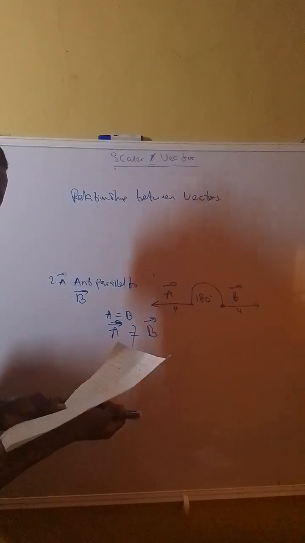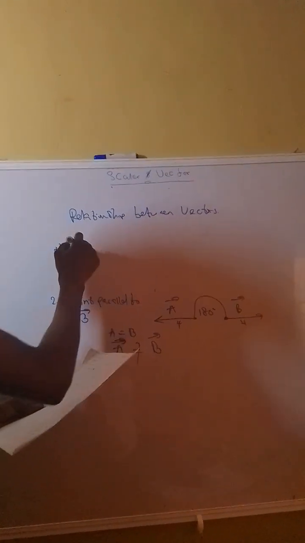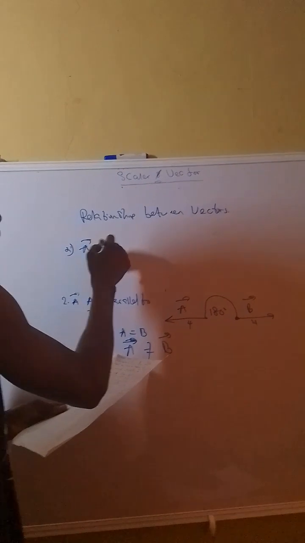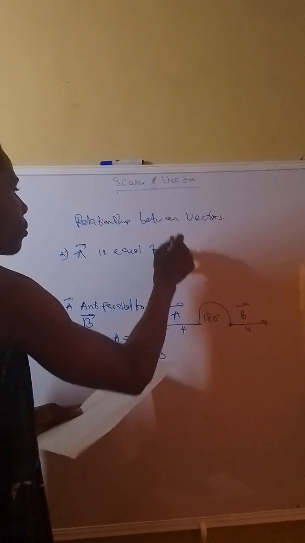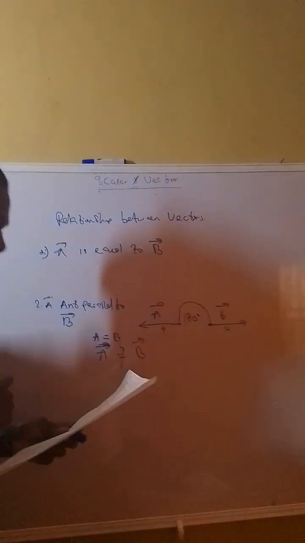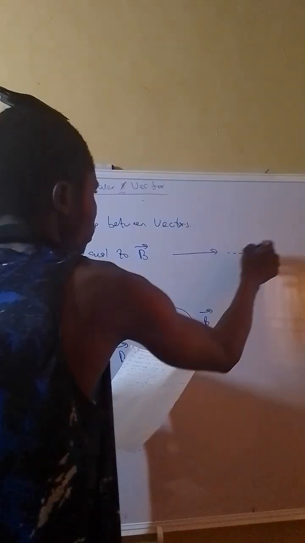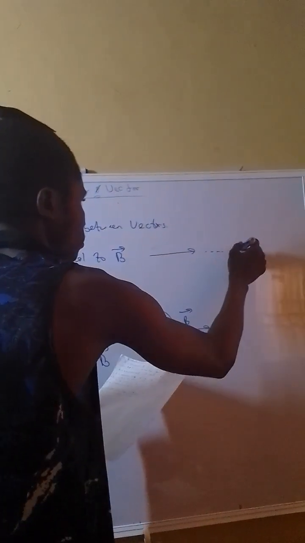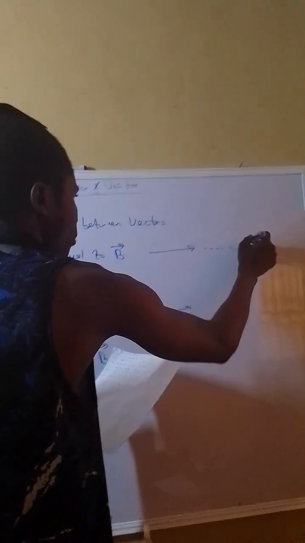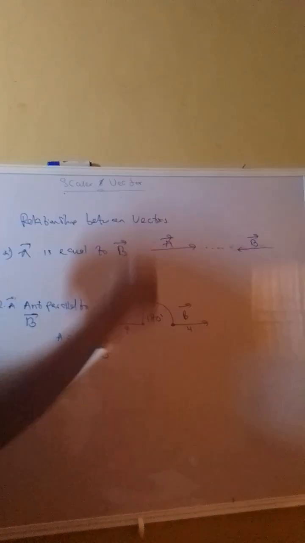The fourth one is that vector A is equal to vector B. If you look at this, you have A and you have B. Sorry that it is not well balanced.